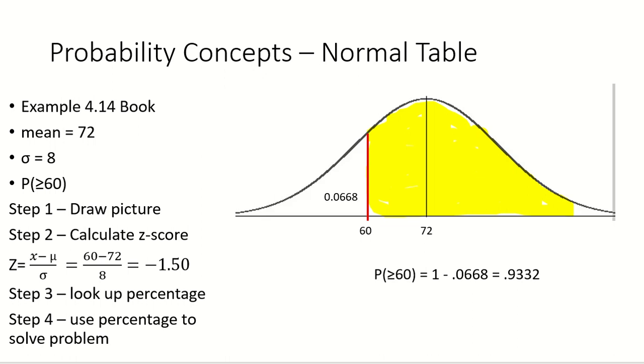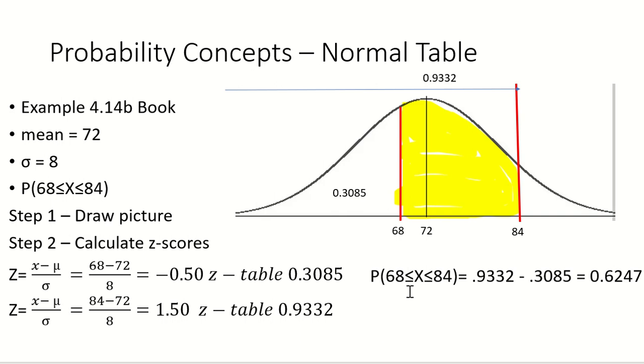Just one more complexity that we can add to it. Also, example 4.14b in the book says, wait a second, what's the probability that the next value is going to be between 68 and 84? Draw the picture. 72 is the center, 68 is the bottom one I'm looking at, 84 is the top that I'm looking at.